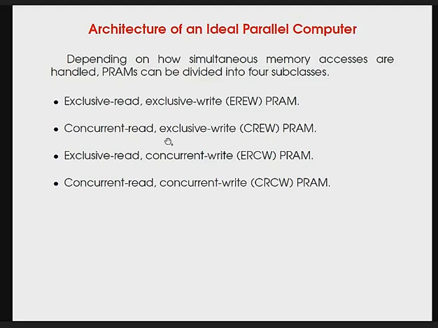Among these four subclasses, this is the weakest class of the PRAM model, because there is a separate exclusive read and exclusive write operation. It is considered the weakest PRAM model because there is no concurrency.